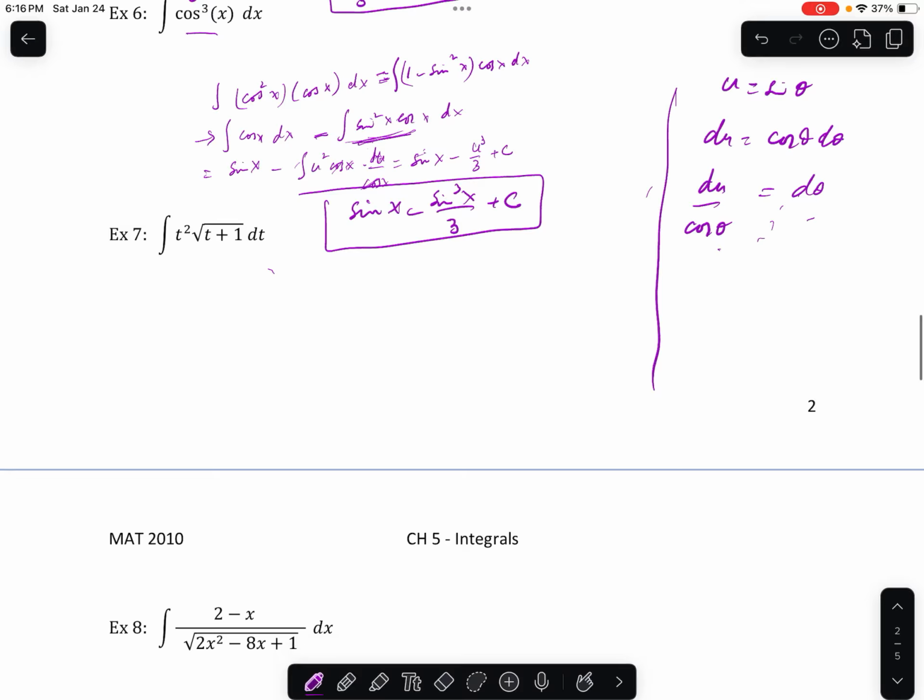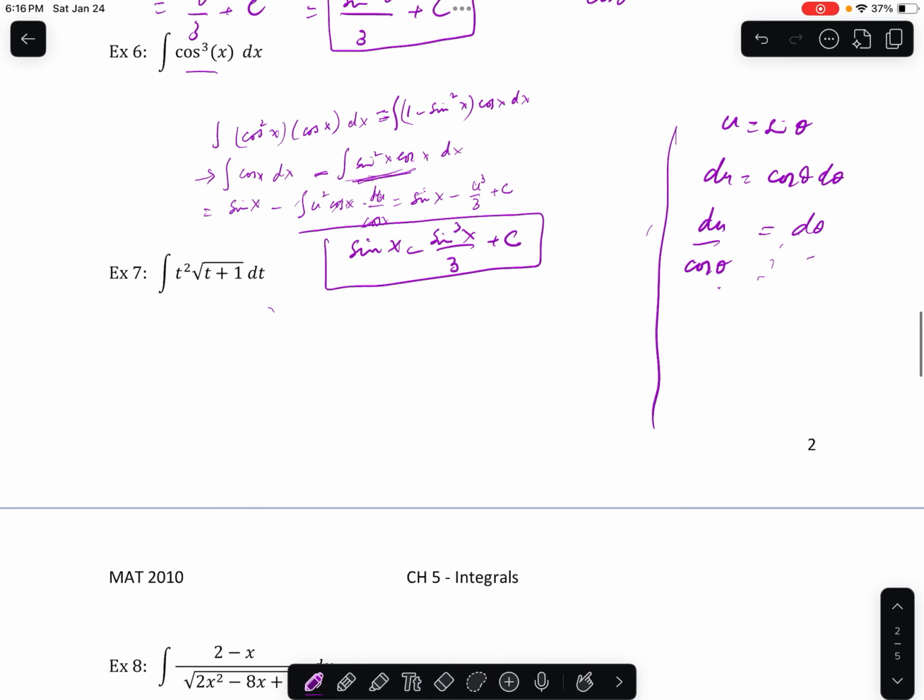Okay, so one more problem. Here we have the integral of t squared times square root of t plus 1 dt. Now this is kind of strange again, something we have not seen before. If I had just the square root of t plus 1, then how would we do that?